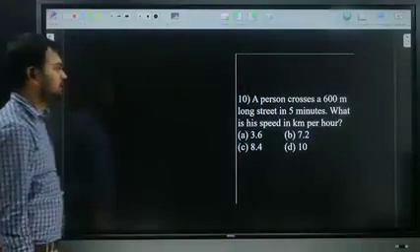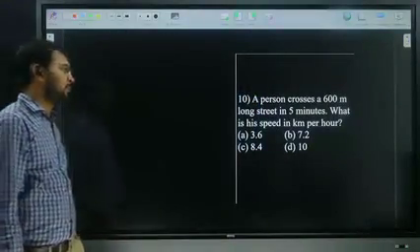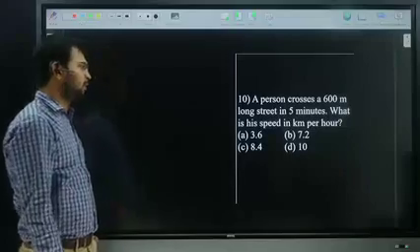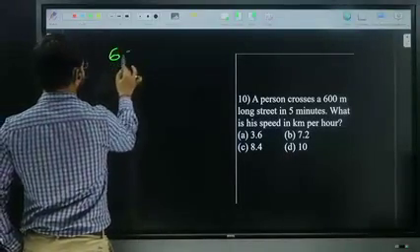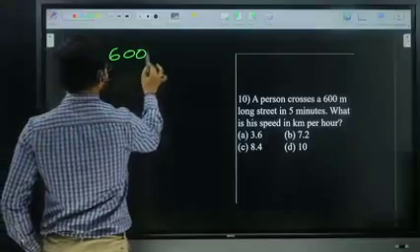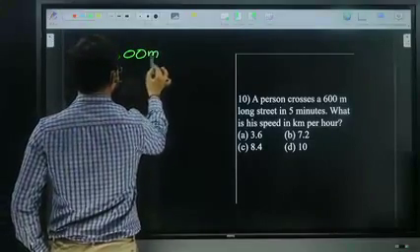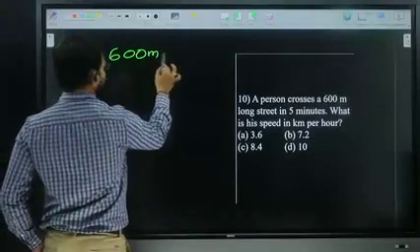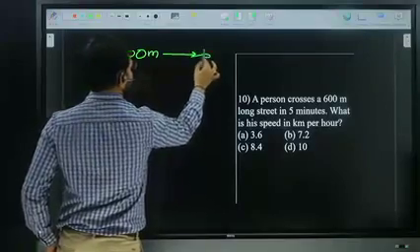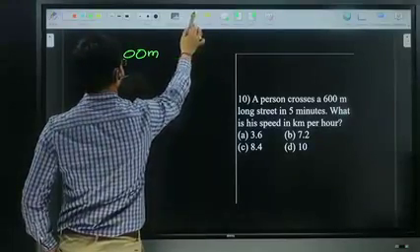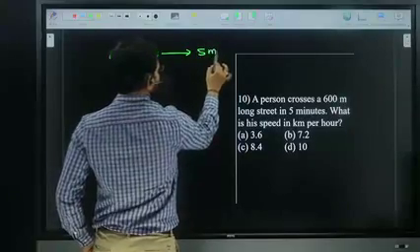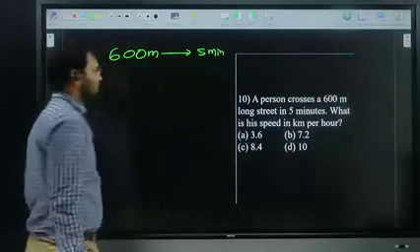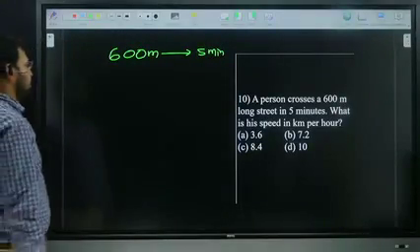A person crosses a 600 meters long street in 5 minutes. What is his speed in kilometers per hour? Look at me, 600 meters in 5 minutes. Now I need 60 minutes.